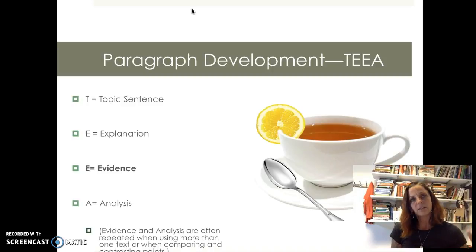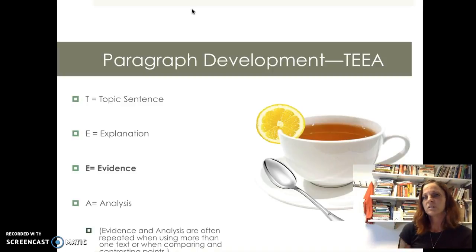The evidence and analysis can be repeated if you have multiple things that you are looking at. In this essay, not the summary diagnostic, but the essay you're going to write, you will have 2 pieces of evidence in every body paragraph. So, that structure, they call them T paragraphs, that structure is important to keep because it allows your reader to follow your ideas and to see that you're backing them up appropriately.